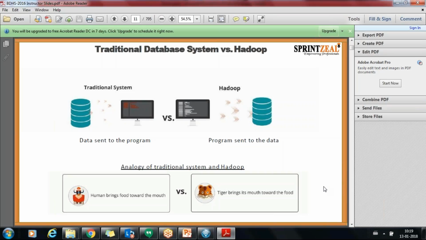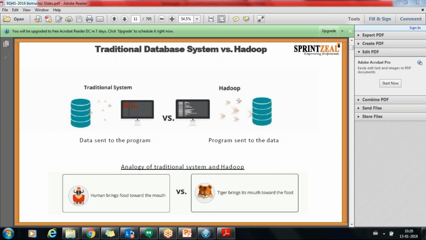All right, very good. So let's talk about this particular slide where we're discussing the traditional database versus Hadoop. In a traditional system, if some of you are from C++ or Java or any other programming model, usually you will have some database, and you write programs connected to that database, pulling out data where the program is running.